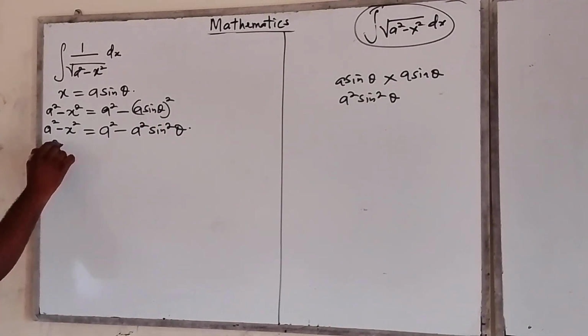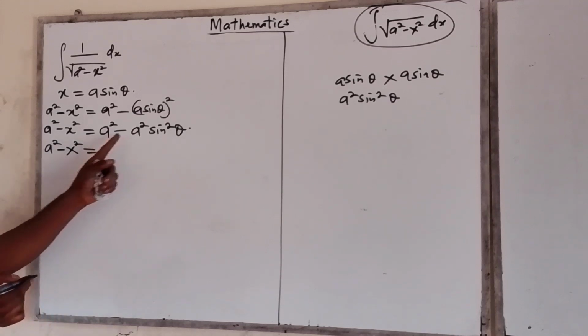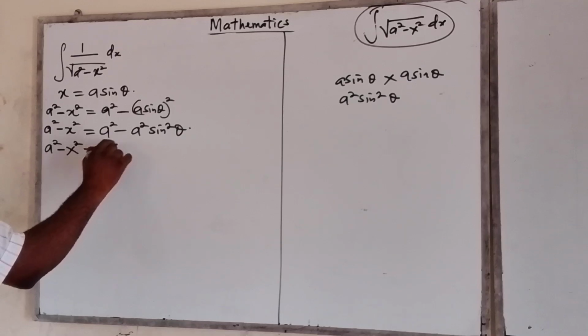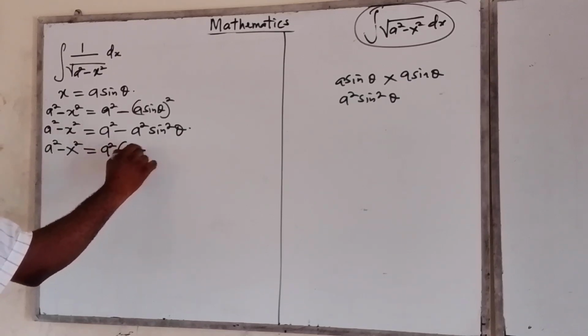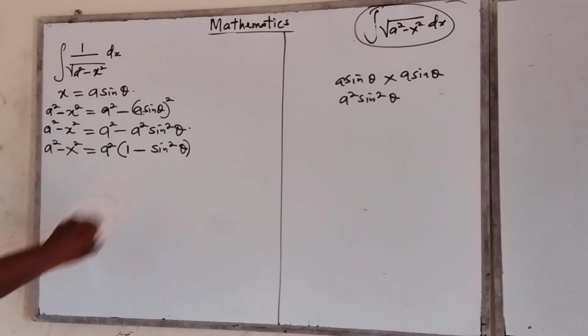So a squared minus x squared will be equal to, now a squared is common, so here we have a squared in brackets 1 minus sine squared theta.